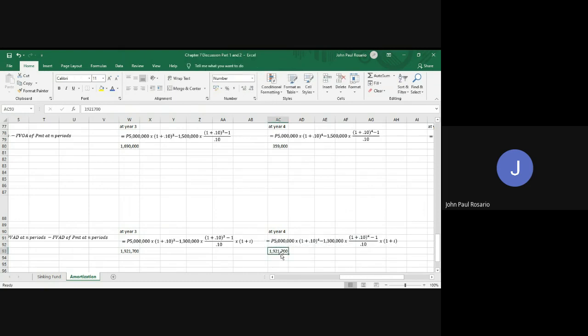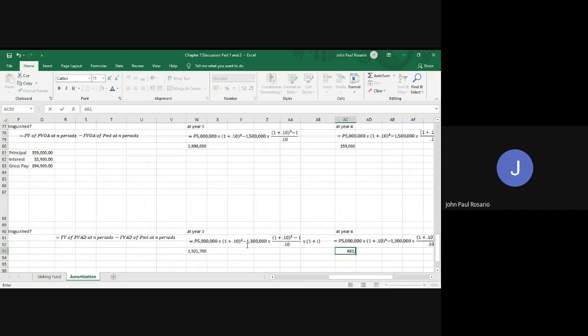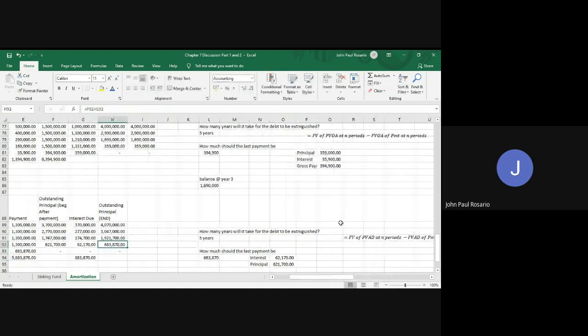You just have to change those exponents from 3 to 4. Okay, let's see here. Answer here is 683,700. 870 pala. 683,870. Okay, that's the balance at year 4.